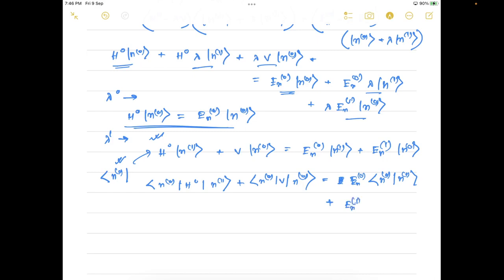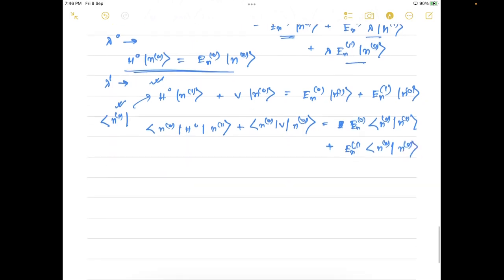En1 is also a constant, just an energy value.